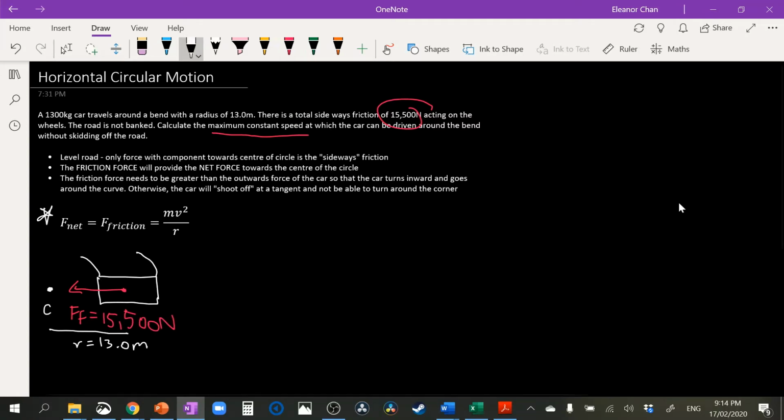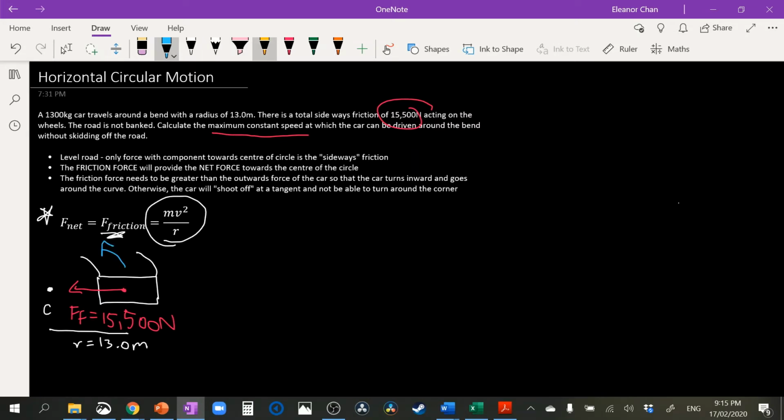Now what's happening is our net force when it's circular motion or centripetal motion is given by mv squared on r. Now if a car is turning around a bend and it's going at the maximum speed or less than the maximum speed, then the friction force here is the only component that's causing the force to go towards the center of the circle and causing the car to actually turn into the center of the circle.